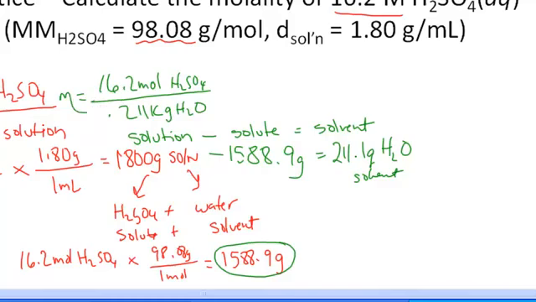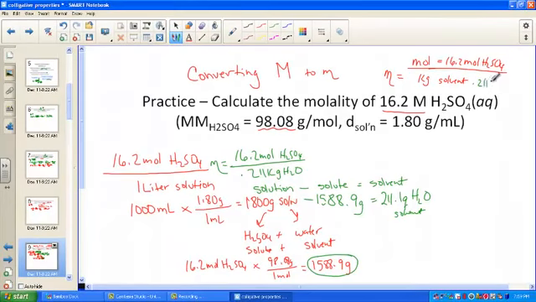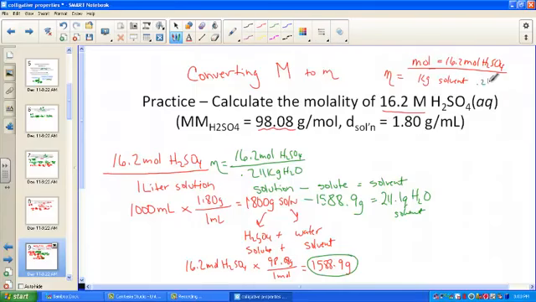That's my little m. 16.2 moles of acid over the kilogram of solvent, and we'll have our molality. The kilogram we determined to be 0.211 kilograms.